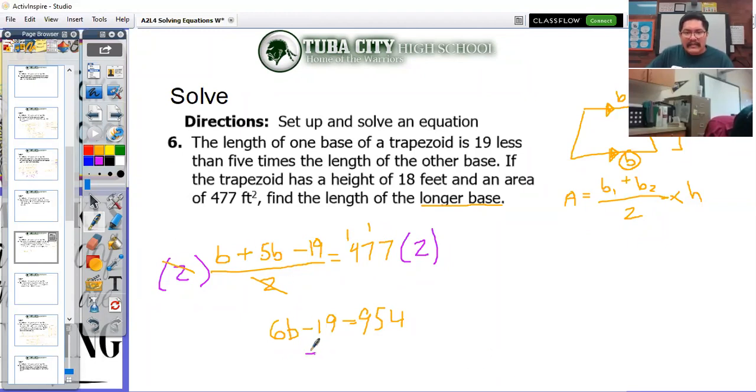Now I'm going to add 19 to both sides, so plus 19, plus 19. 6b equals 954 plus 19. So 9 plus 4 is 13, carry the 1, and that would be 7. So 973.